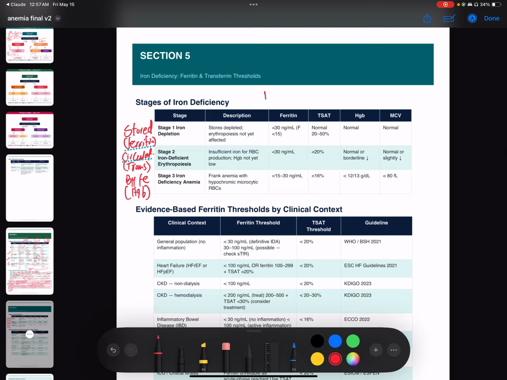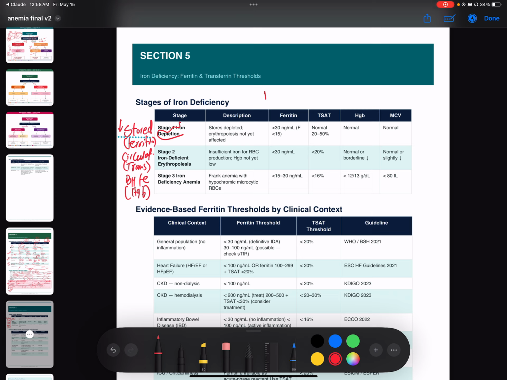Initially, in stage one, iron depletion, you will have low stores. In stage two, you will have low stored iron, but also low circulating iron. And in stage three, you will have low stored, low circulating, but also start to affect the hemoglobin production.